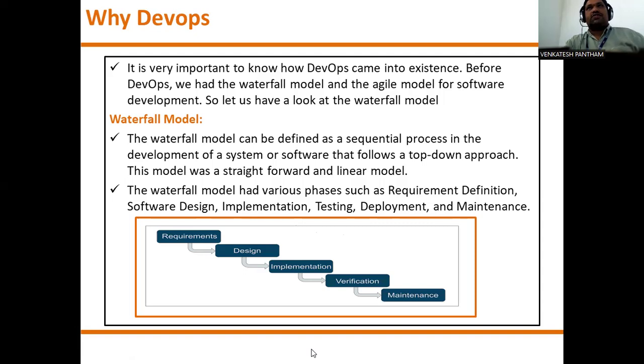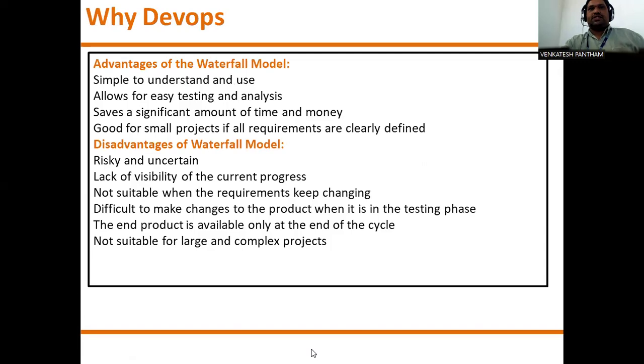Only when the first stage is completed do we go to the next. But if any problem occurs before the end of a stage, there will be trouble. This model is possible only for small projects and not suitable for big projects, which is one of the major disadvantages.